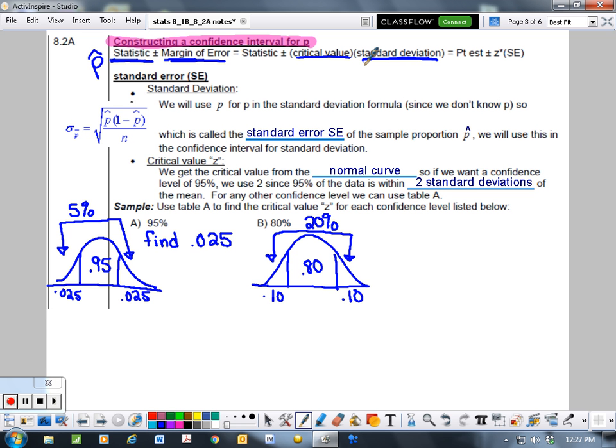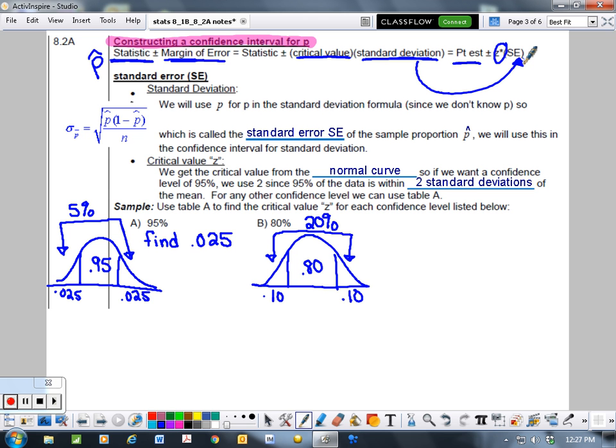So we're doing that point estimate plus or minus z star, the critical value, because it comes from our normal curve, or we can get it from our z table. And then our standard deviation is also known as our standard error because it's telling us that variability on both sides to help us get a margin of error.